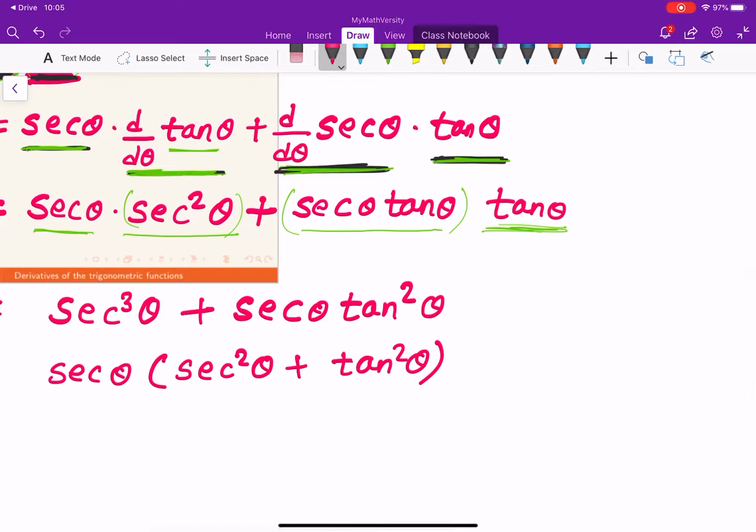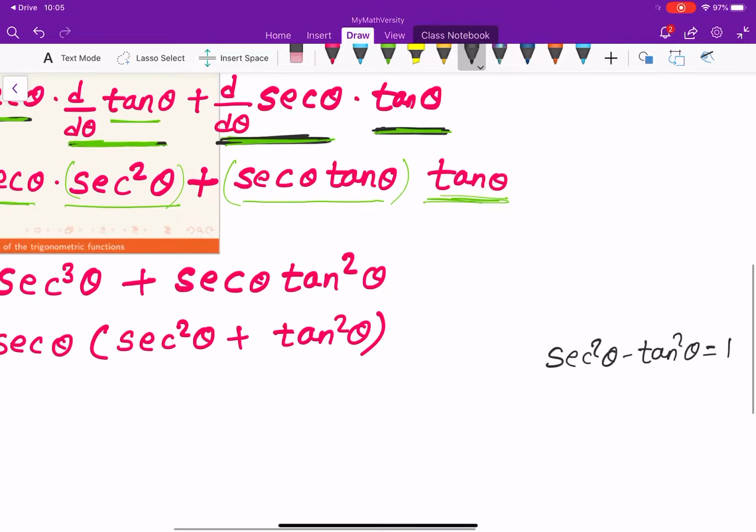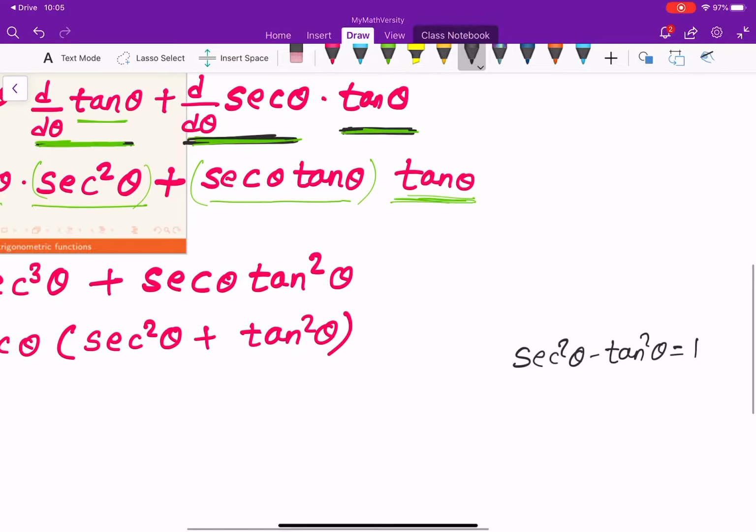Here we know one of the trig identities: secant square theta minus tangent square theta is equal to 1. Right, so this is the trigonometric identity we have. Now what that means is, if you want to write everything in terms of tangent, we can add tangent square theta on both sides.